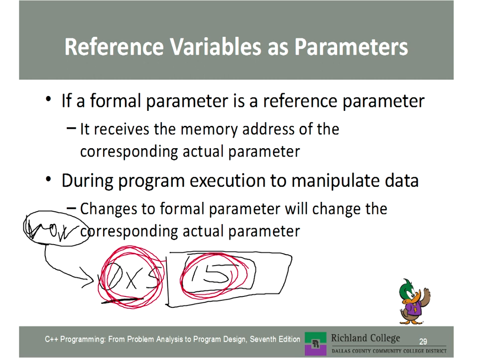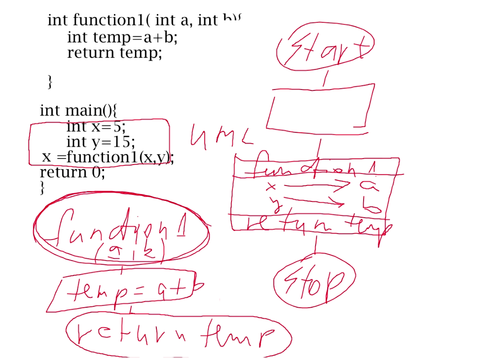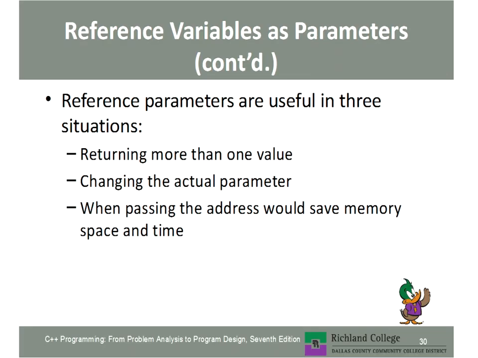So that means even though you're in function 1 and you make changes to the variable's value, when you go back to the calling function, the value is going to be persistent, maintaining the value that it was in the function. And that's the basic idea of reference variables.